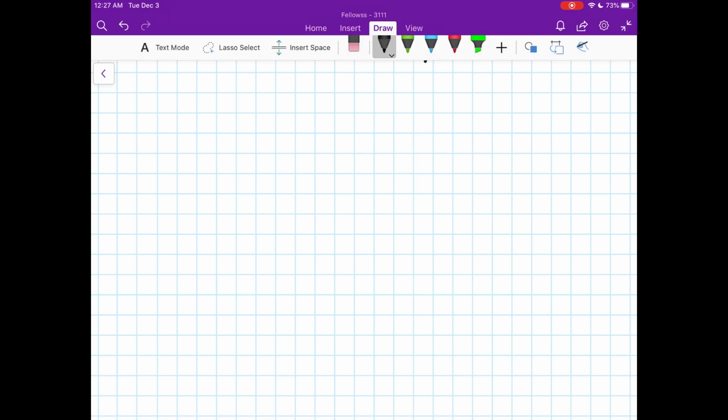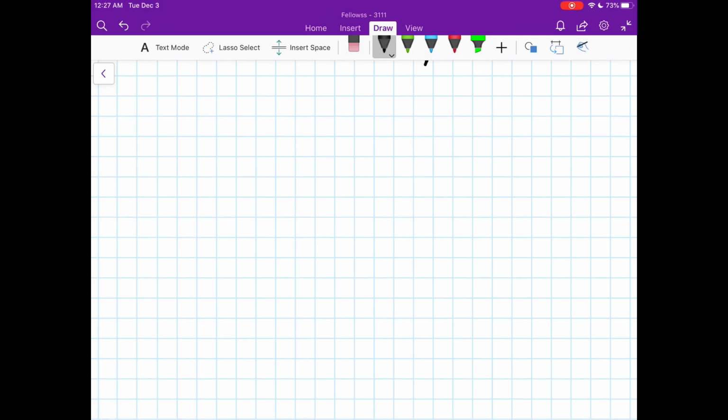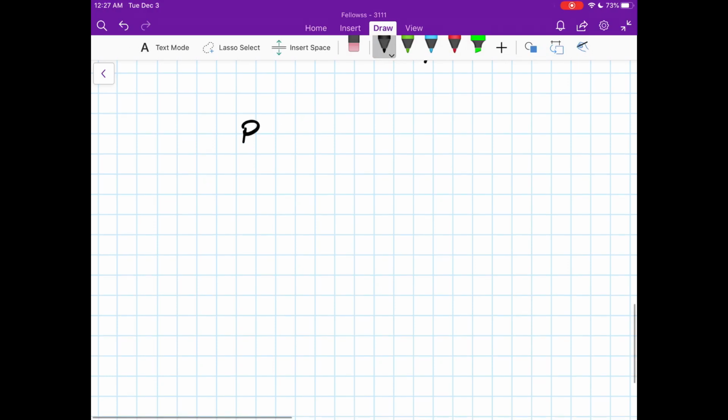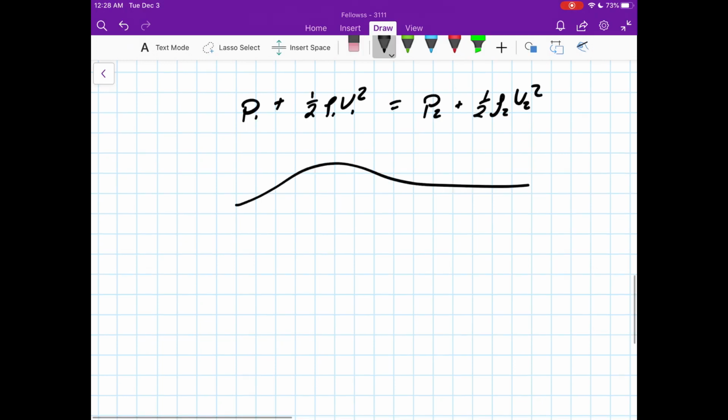Bernoulli's equation says that P1 plus 1/2 rho 1 V1 squared equals P2 plus 1/2 rho 2 V2 squared, along some streamline where it's isentropic throughout.